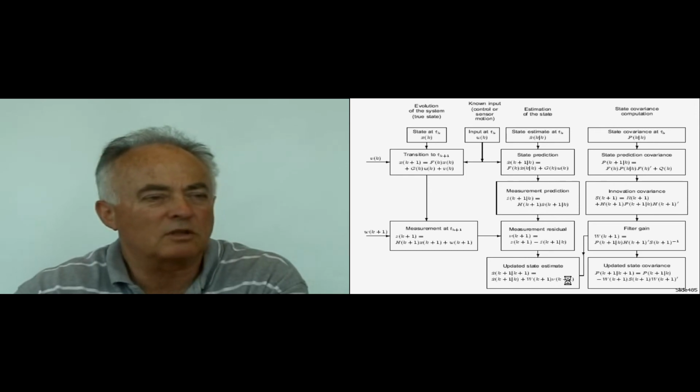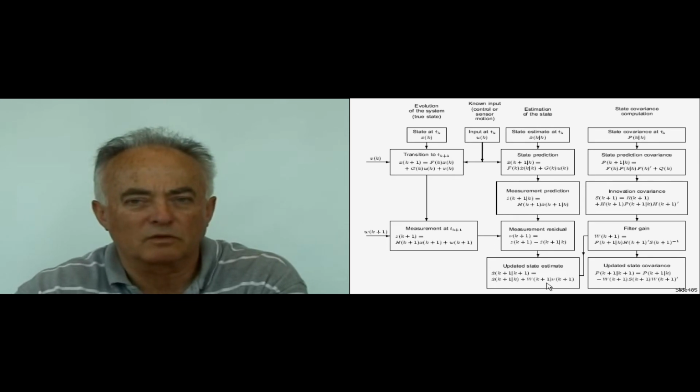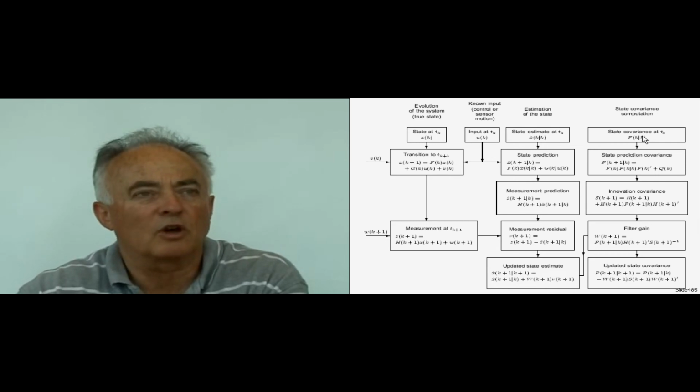What is still needed is the W. That is the weighting matrix or the filter gain, which is calculated on the side and comes from the fourth column, state covariance computation, starting from the covariance of the state at tk, that's Pk given k, from which we can obtain the state prediction covariance or the one-step prediction covariance for the state, Pk plus 1 given k is fk Pk given k fk prime plus Qk.